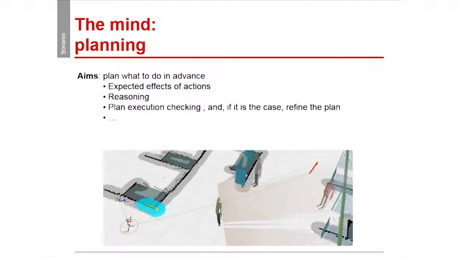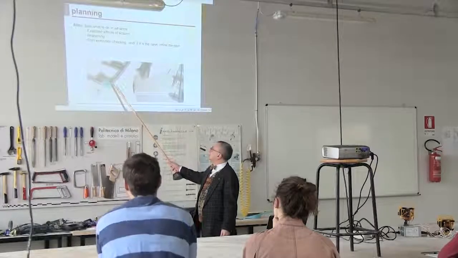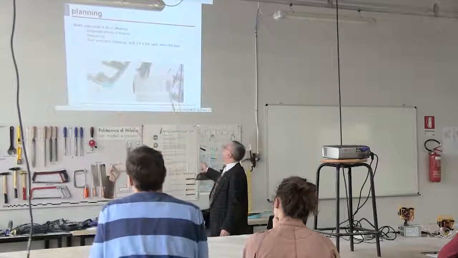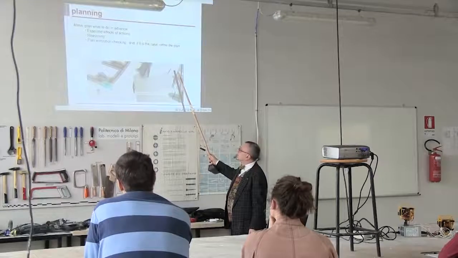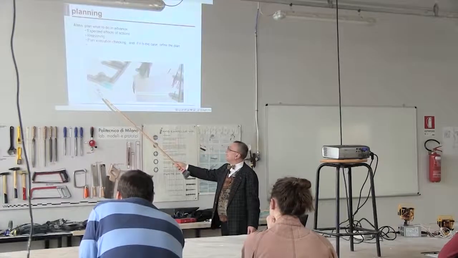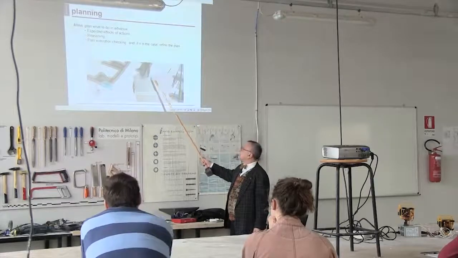And here, for instance, we have a situation where we have our robot here that has detected this obstacle, and it has to go to this position. It knows that, and so it plans to go on a straight line, like this.